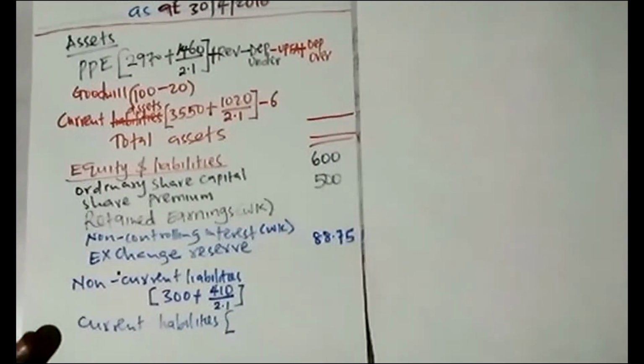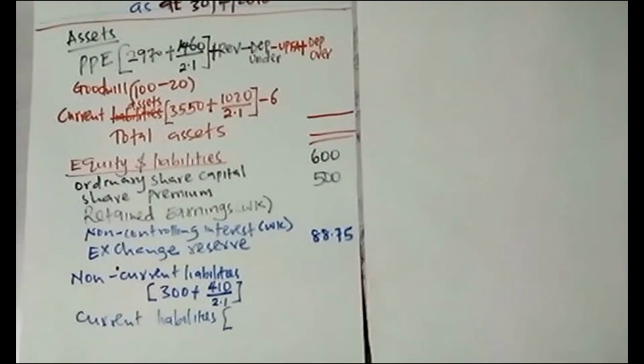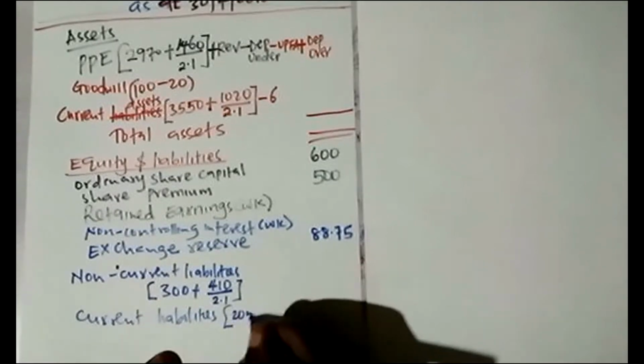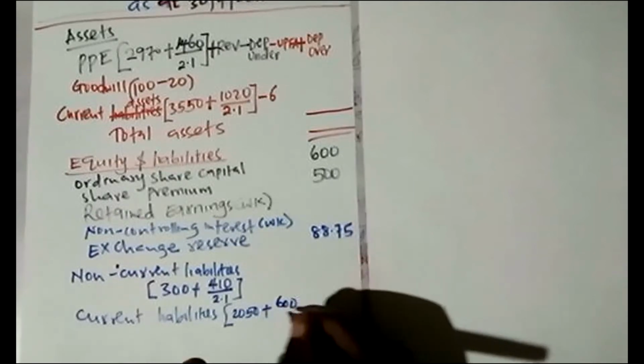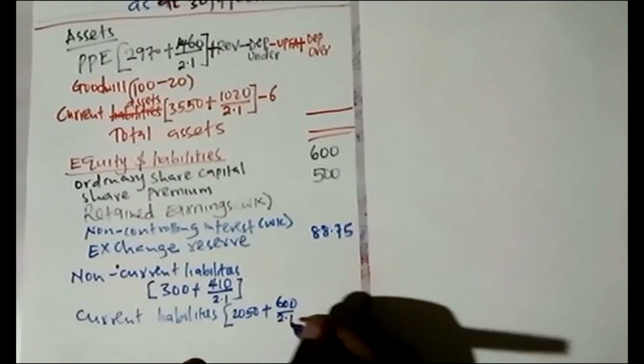So for the current liabilities, we talk again about 2050 plus 600, and we divide by 2.1.